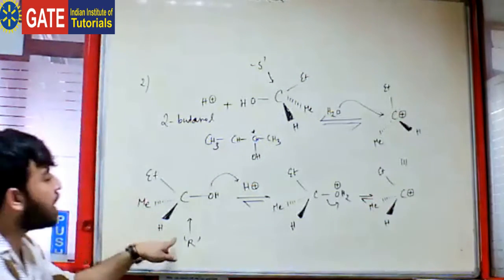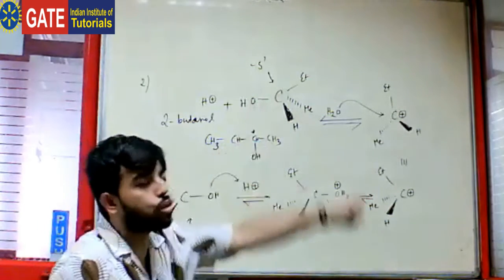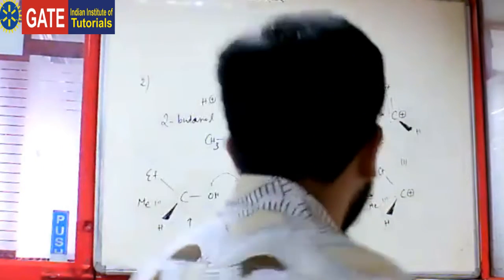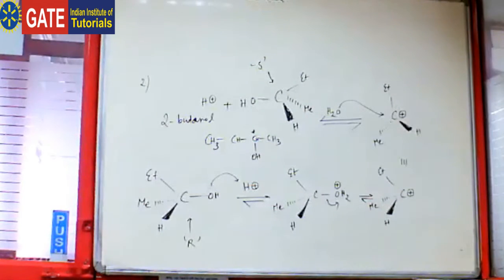So R will become S, and S can also become R. This is the way racemization happens. The optically active compound is becoming a racemized mixture. This is the case for 2-butanol in acidified condition. Very easy, not very difficult, but this kind of process happens through carbocation formation.